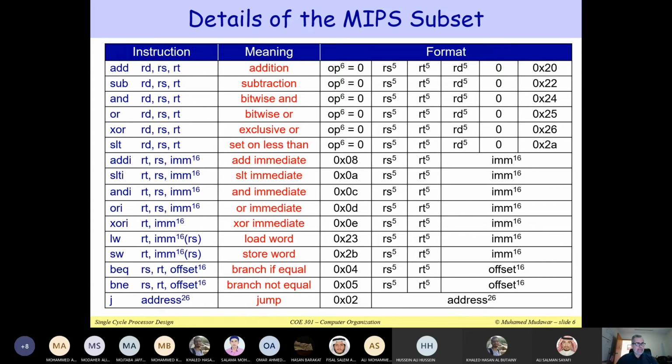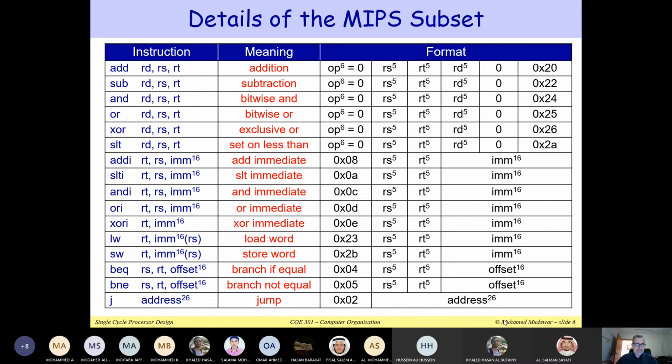So both RS and RT are source registers in the case of the branch instructions, and the 16-bit immediate is used as a PC relative offset. It is just a constant, which is part of the instruction, but we add it to the program counter to calculate the branch target address, where we would like to branch, if the branch is taken.